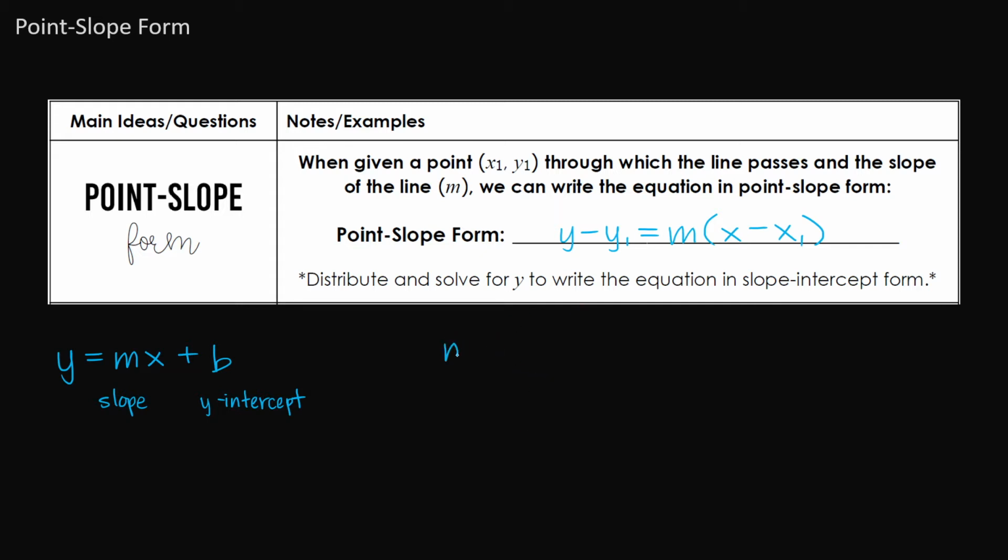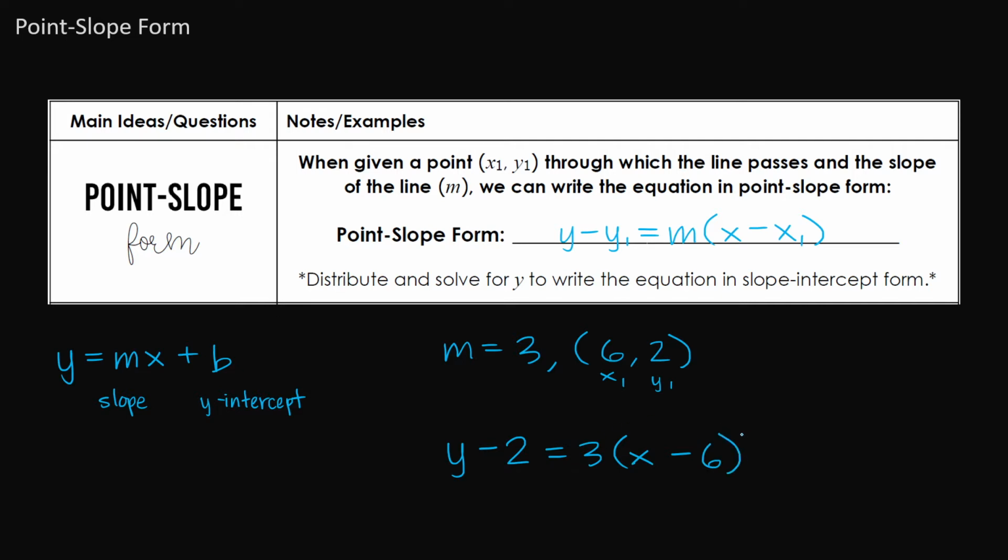Let's say I'm given a slope of 3 and a point that is 6, 2. Well, I can write it in point-slope form like this. I know 6 is x1, that's my x value, and 2 is y1. So it would go like this: y minus 2, y minus y1, is equal to m, 3, times x minus x1, which is 6.